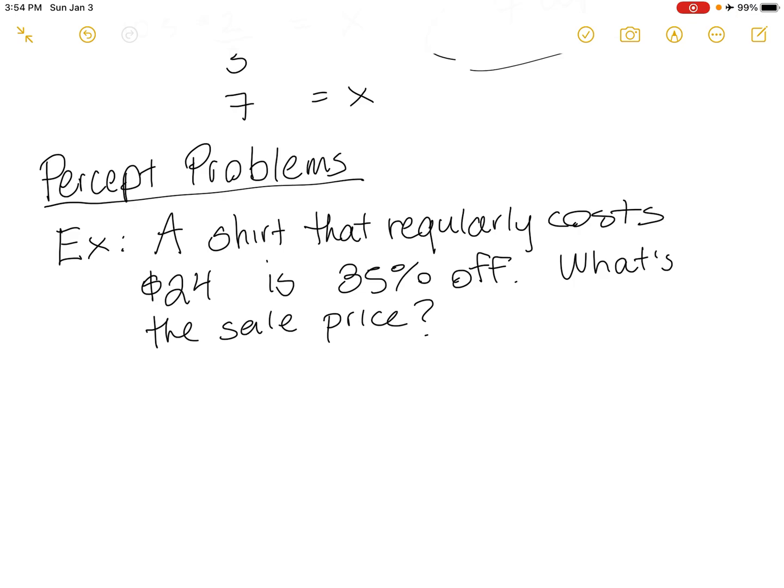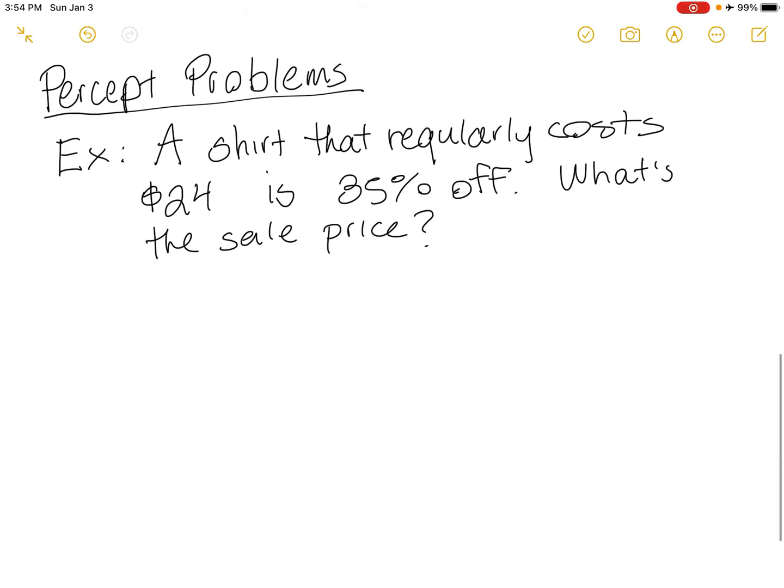Okay. Well, to find the sale price, we have to figure out how much we are saving on this thing. Well, we're saving 35%. Okay. How do we figure out what that 35% is? Well, 35% is a fraction, right? 35% is 35 over 100. We can set that equal to another fraction. 24 is the total. That's what we would normally pay.